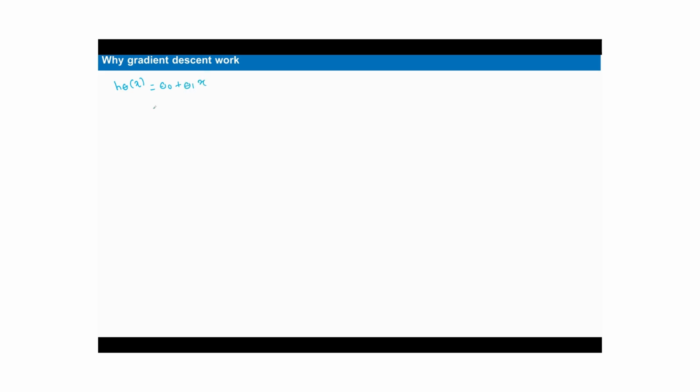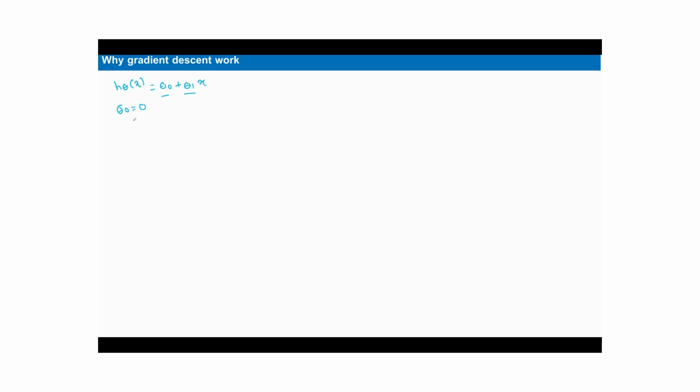These are the two parameters that gradient descent will update in such a way that the difference between the prediction and the actual ground truth will be minimum. For simplicity, I will make theta 0 as 0 and just consider theta 1.